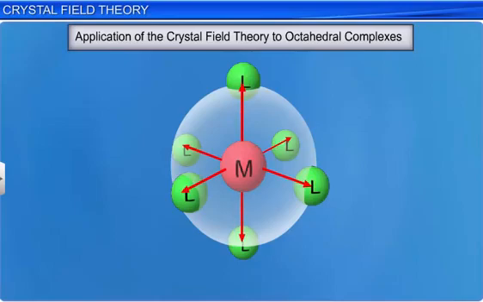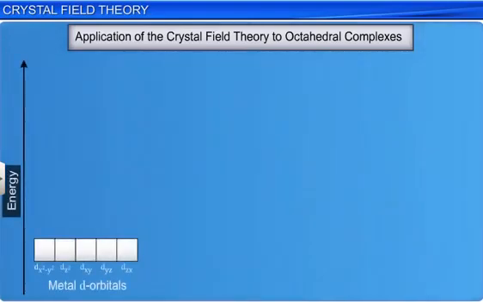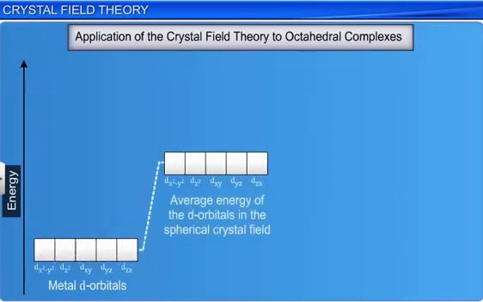At this stage, the energy of all the d orbitals is raised by the same amount. That is, the 5 d orbitals still remain degenerate. The average value of the energy of the d orbitals at this stage is taken as 0, and this is called the Barycenter.